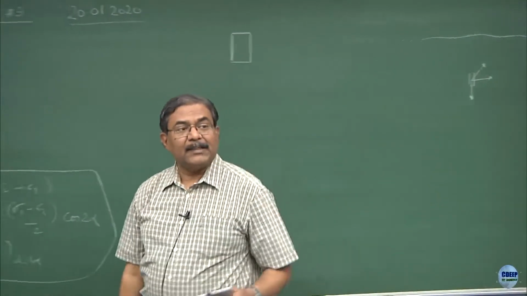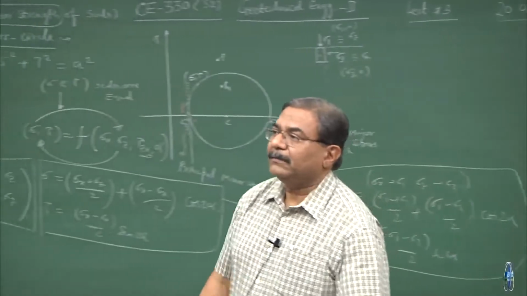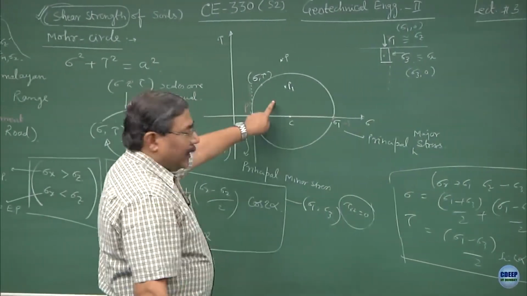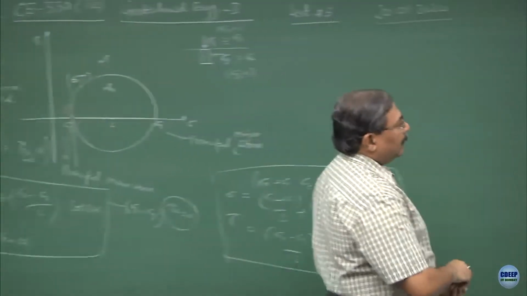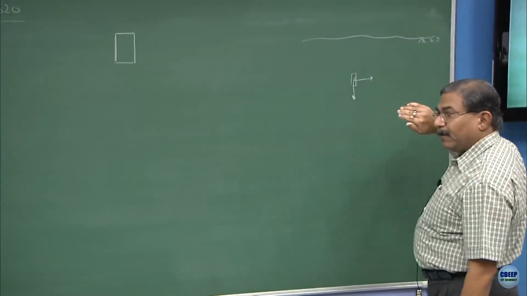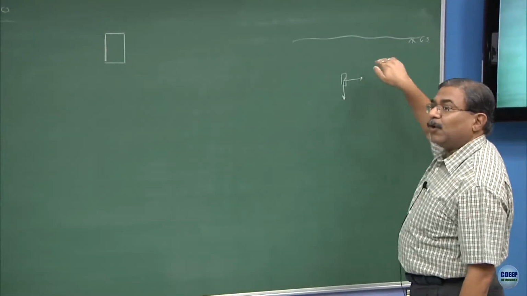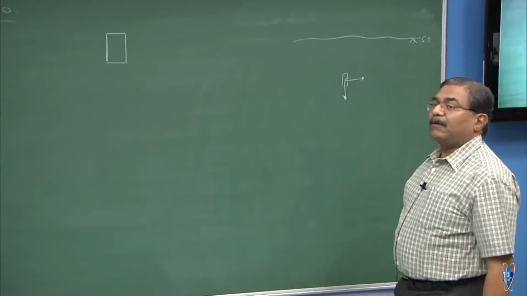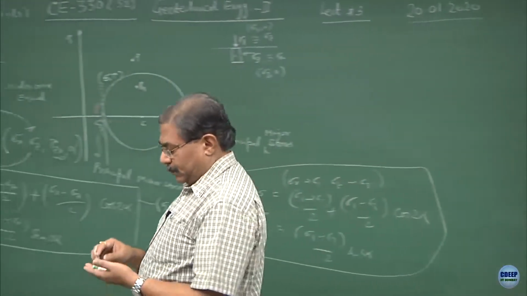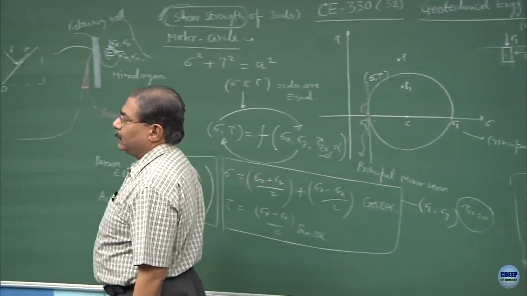So what I said is, let us make life comfortable, let us try to understand 2D situations. We are dealing with the 2D situations by assuming that the effect of this stress, which is perpendicular to the plane, is ignored. These types of problems are known as plane strain problems, alright.